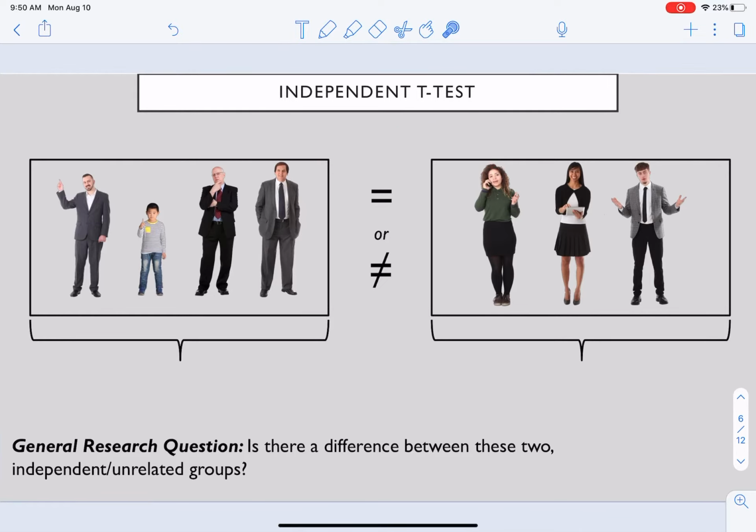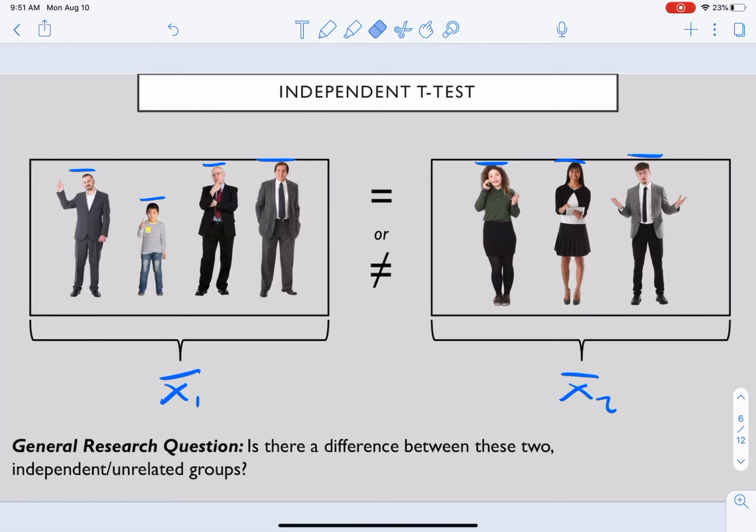If we're looking at heights, for instance, we would take all these heights, and this little kid's height is really screwing the average. But we would find that this is going to be some X bar 1 and some X bar 2, and then we just use an independent t-test to figure out whether or not they are statistically significantly different. Is there a difference between these 2 independent, unrelated groups?